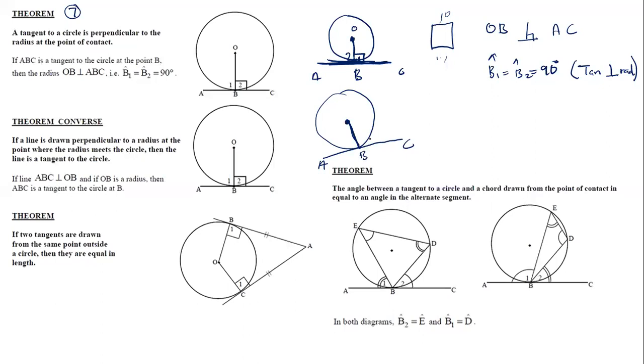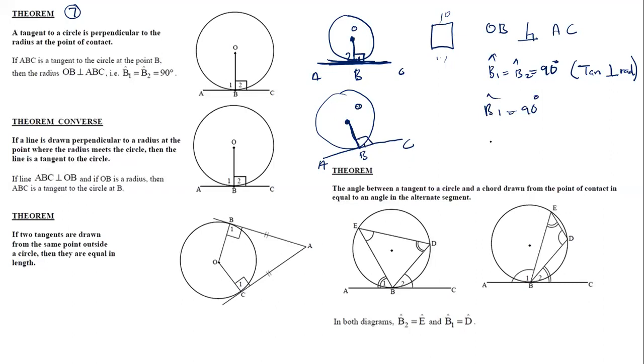Here they tell you that OB is 90 degrees. If they tell you that OB is perpendicular to AC, or they tell you that angle B1 is equal to 90 degrees, however they tell you, what does that mean?